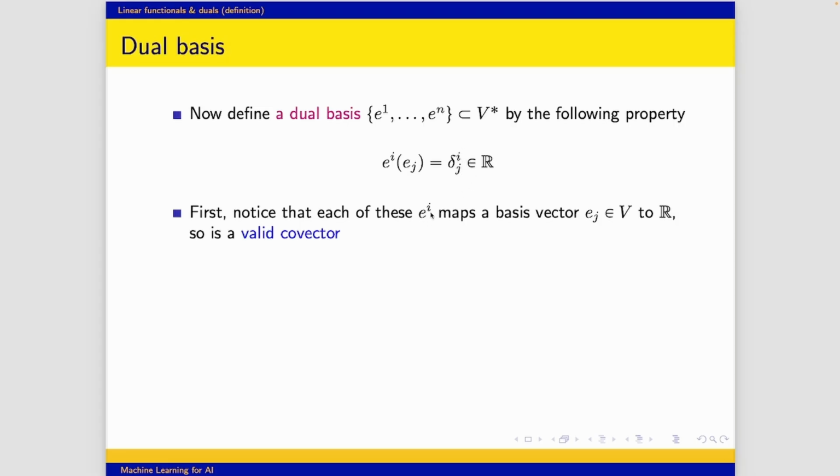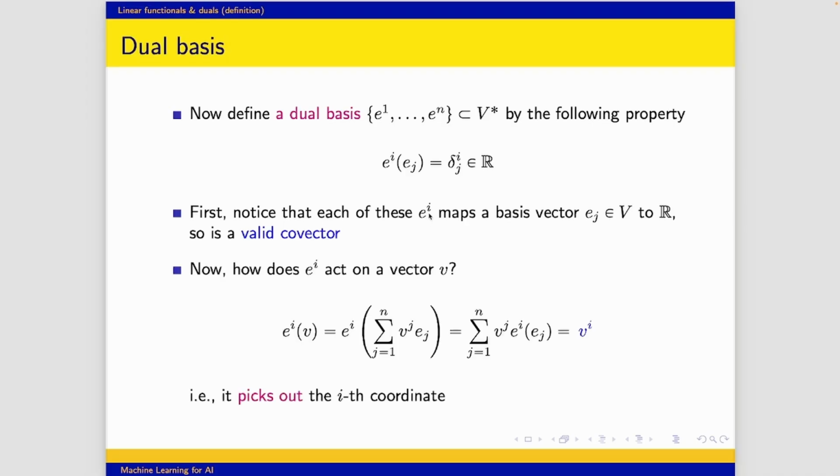And so this is a valid covector. So how does this act on a vector V? If we define it like this, how does it act on some general vector V? Well, a general vector V has this form in terms of this basis, right?